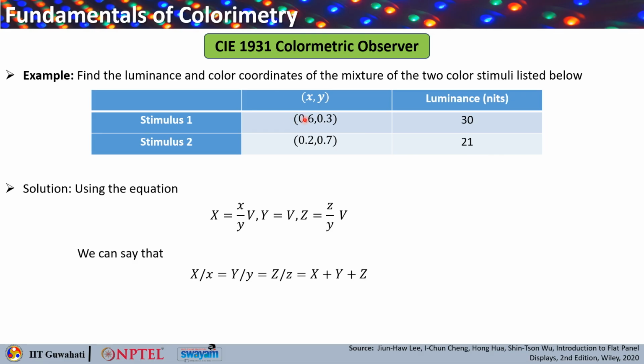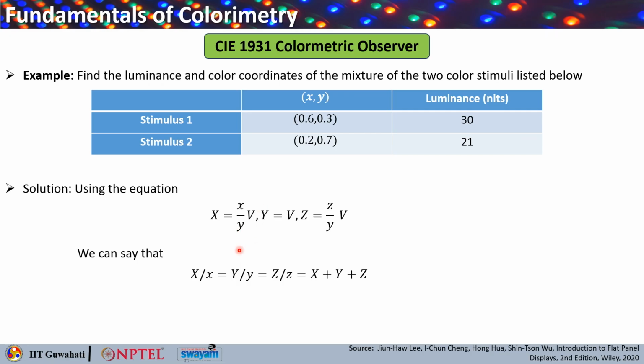Now, because these are given in small x, small y units, we have to go to the capital X values to add them up. So, we can use this equation. We know that capital X is small x by small y into V, where V is the luminance, capital Y equals V, and capital Z is small z over small y into V. If you do capital X by small x, you get V by y.